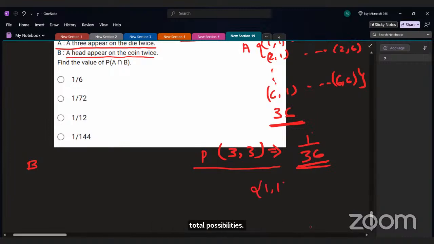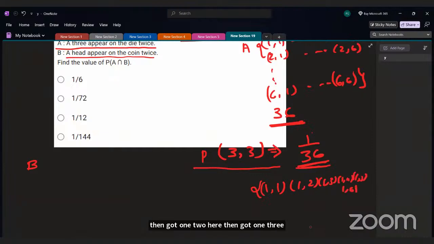So we got 1 1 here, then 1 2, 1 3, 1 4, 1 5, and 1 6. We are using a single dice, but we are rolling it twice. So simply we can treat this as 2 dice.